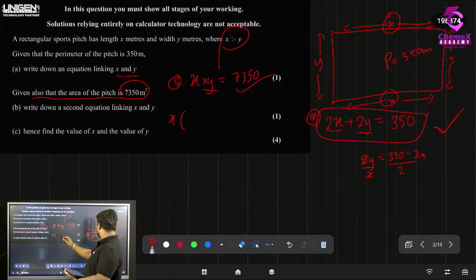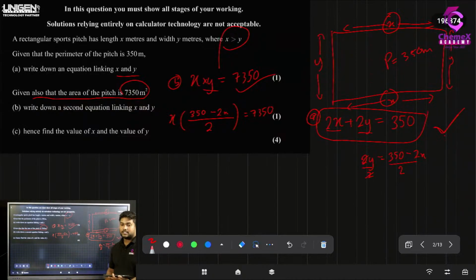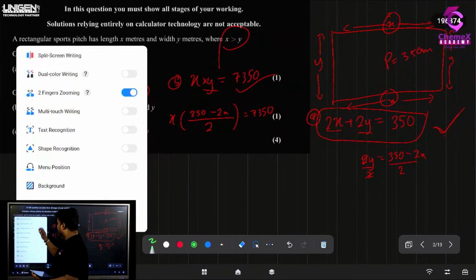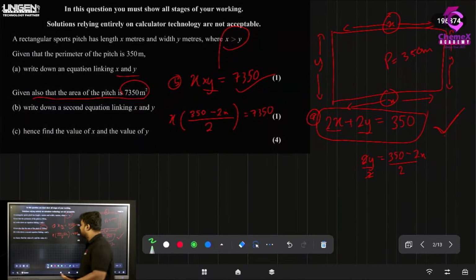So instead of y, I can write (350 minus 2x) divided by 2, and multiply by x equals 7,350. Anyone has doubts with what I did?